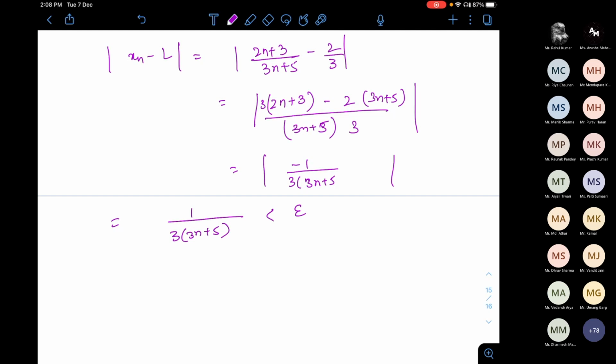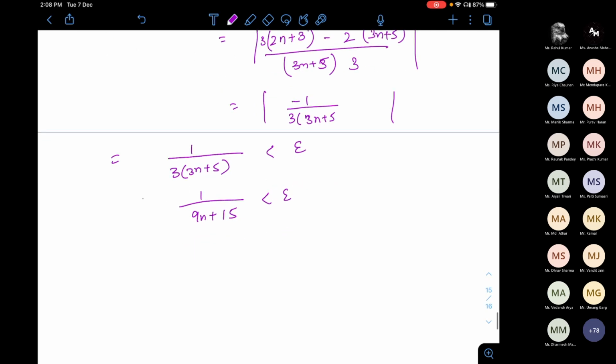The first thing I'll do is use the ceiling function.